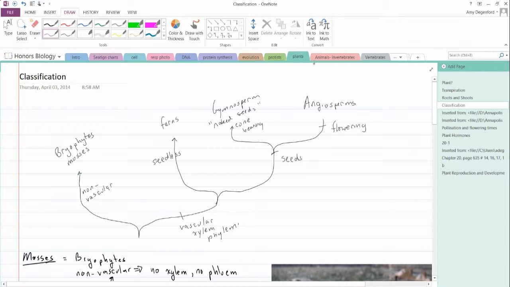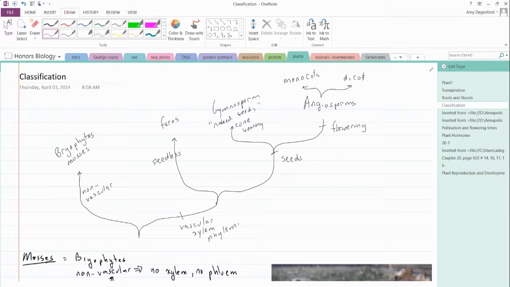Now, the angiosperms can actually be divided into another subgroup, monocots, and they tend to have parallel venation. The daffodil that we dissected is a monocot, and then dicots have the branched venation. Very common, like a rose bush or a maple tree.